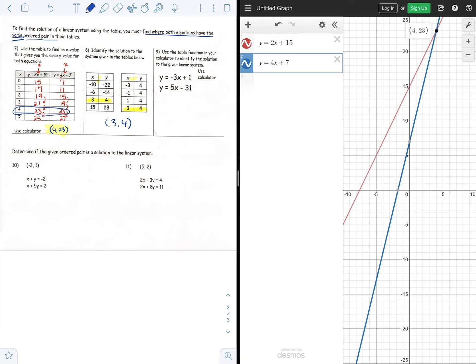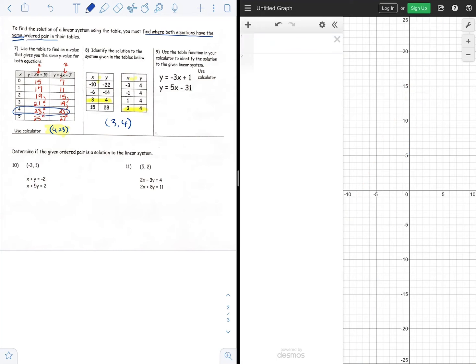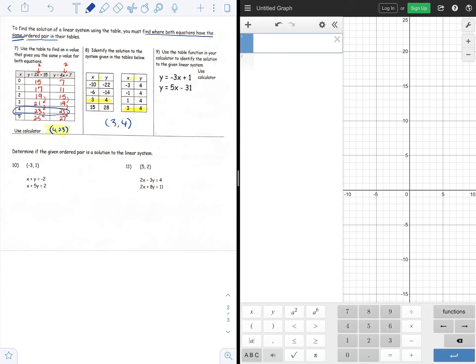Now, number 9, it says use the table function in your calculator to identify the solution to the given linear system. Use the calculator. All right, so we're going to exit out of this, and now we're going to type in y equals -3x plus 1 in Desmos.